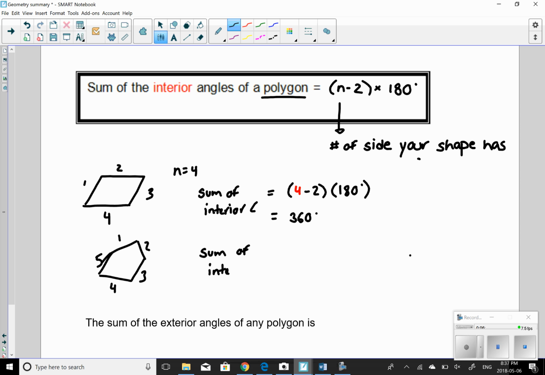Now that I have 5 sides, it is 5 minus 2, times 180. So that is going to be 3 times 180, which is 540.